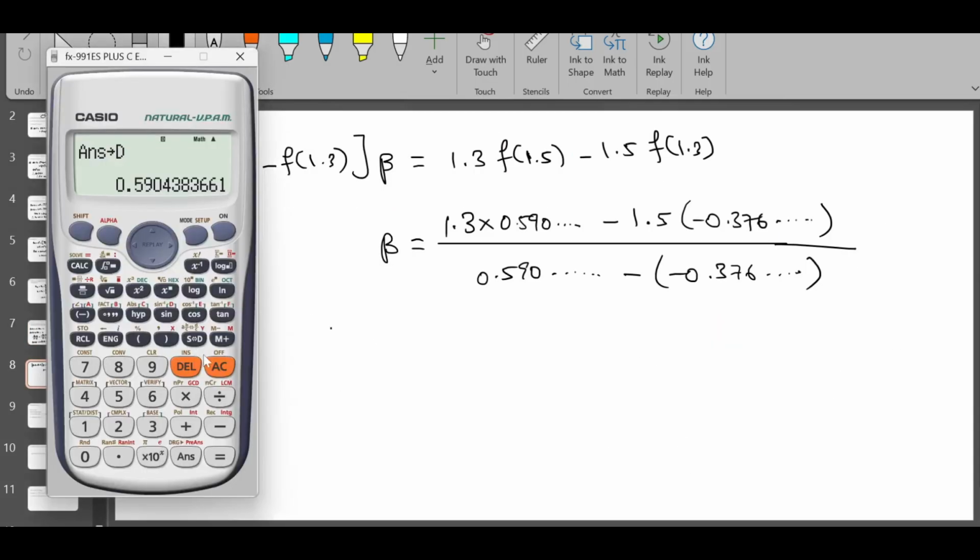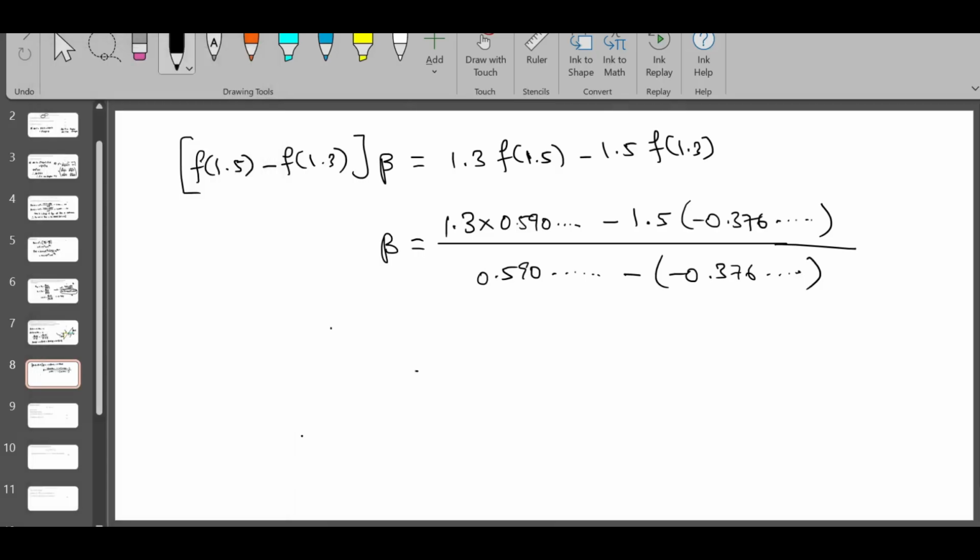Okay, so what I'm going to do: 1.3 times d, d is f of 1.5, minus 1.5 times c, divided by d minus c. I got the answer already.